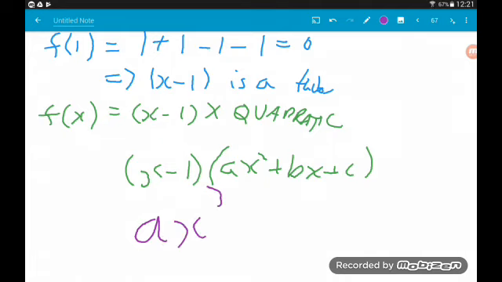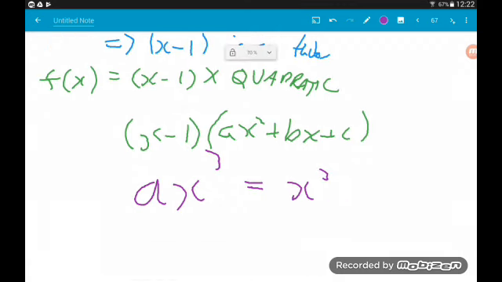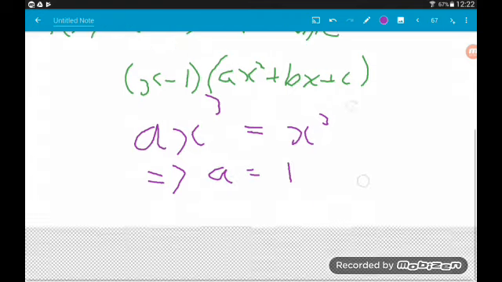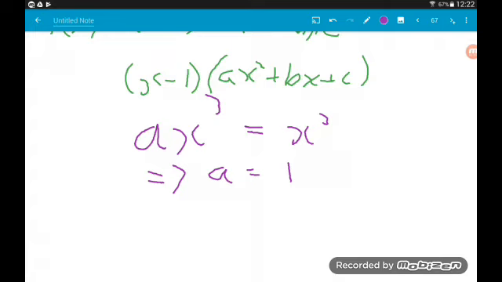That has to be exactly the same as the x cubed term in the original expression, which was a single x cubed. So ax cubed has to be 1x cubed. Therefore, a is equal to 1.